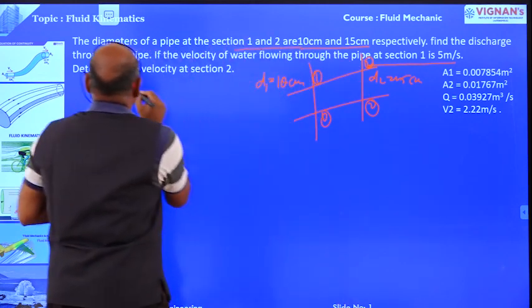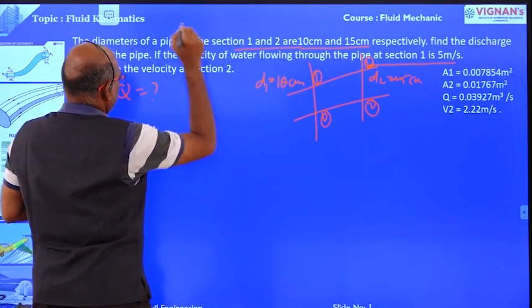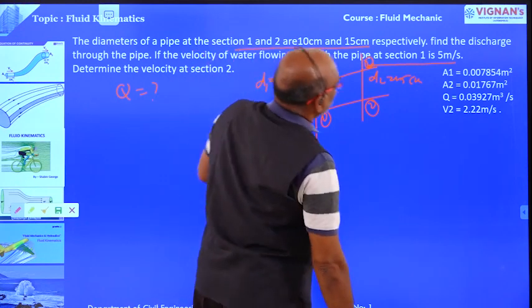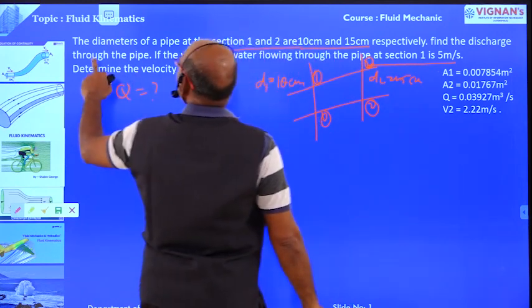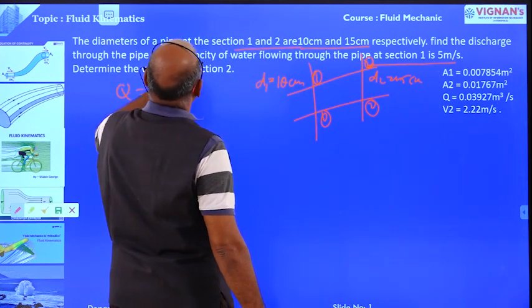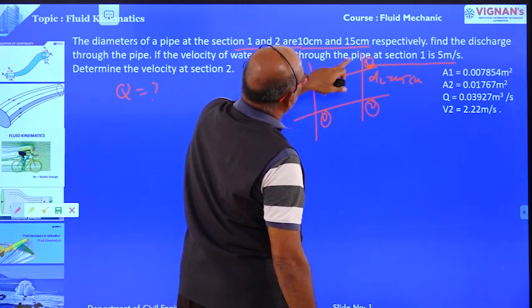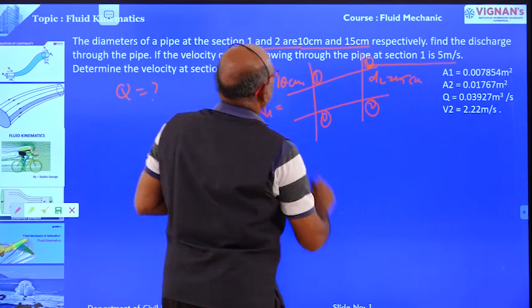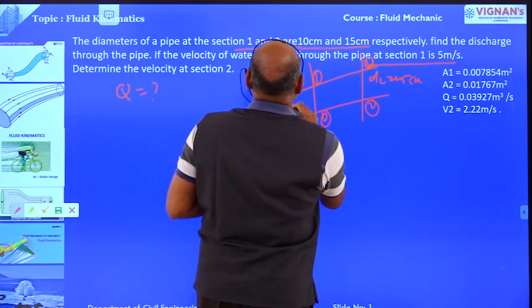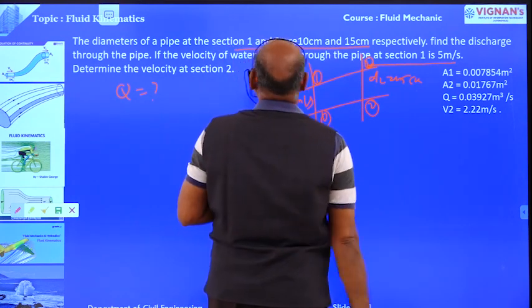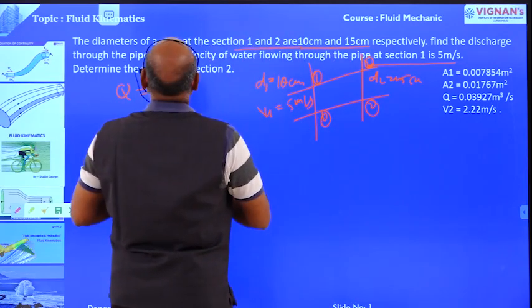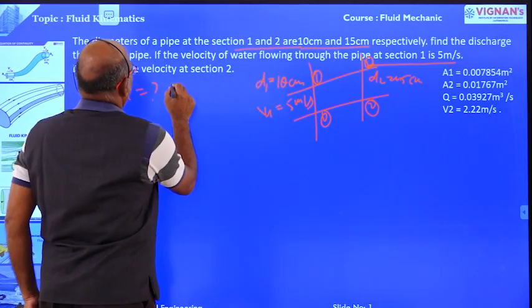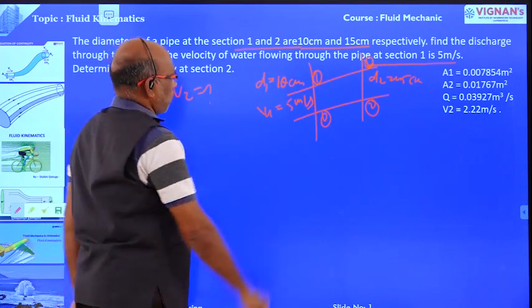Find the discharge. Right, what is discharge? If the velocity of water flowing through the pipe at section 1 is 5 meters per second, also determine the velocity at section 2,2, that is V2.